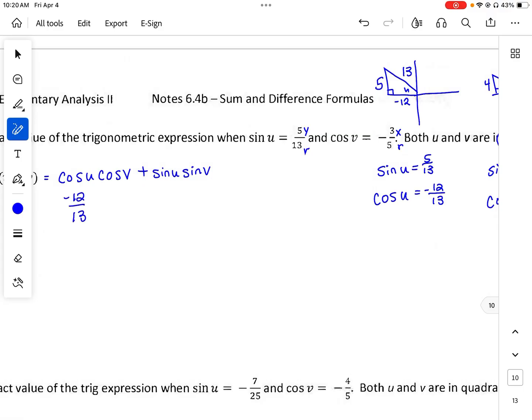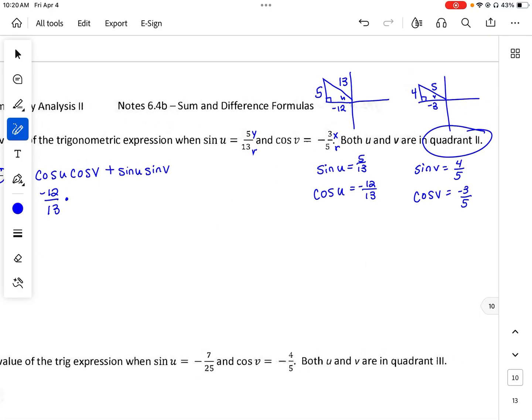Cosine of u is negative 12 over 13. Cosine of v is negative 3 over 5. I'm going to put parentheses around that so that I remember what I need to do first. Sine u is 5 over 13. Sine v is 4 over 5.